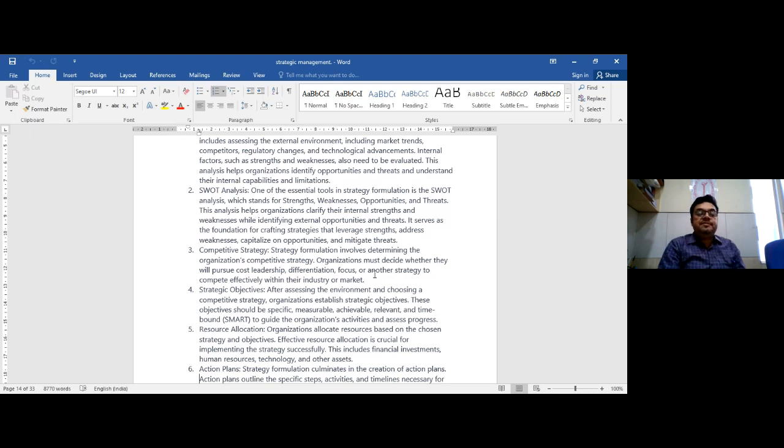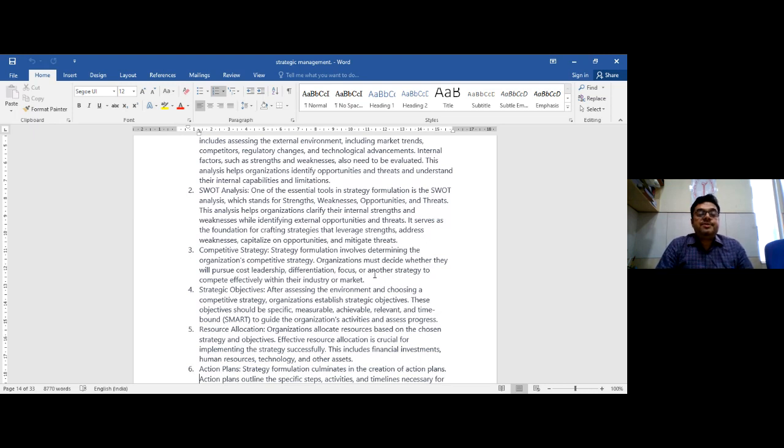The strategic objectives need to be specific, measurable, achievable, relevant, and time-bound. Ultimately, that should aim at guiding the organization's activities and assess their progress.